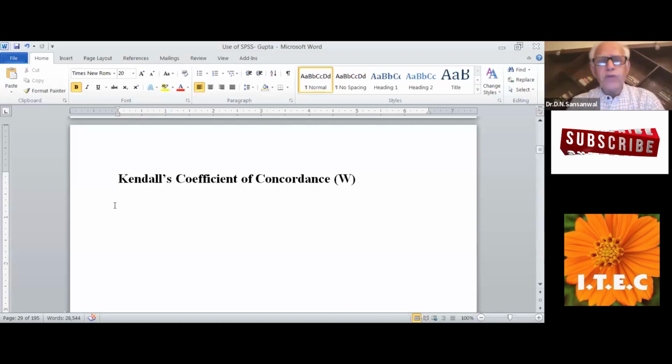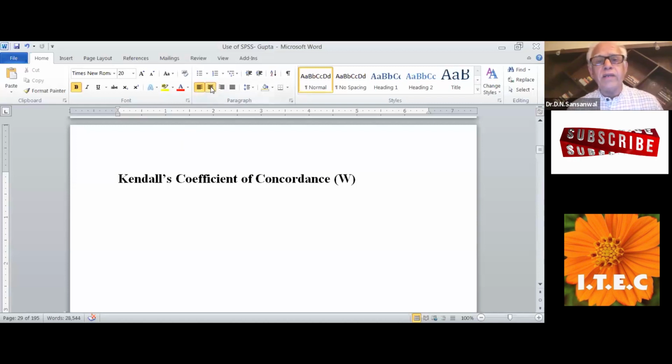Then you try to find out whether all the judges' ratings are to the same extent or whether they are different. Whenever you want to do this, it is only Kendall's coefficient of concordance which will come to your help. There is no other statistical technique available except Kendall's coefficient.